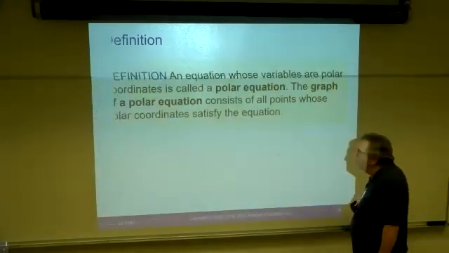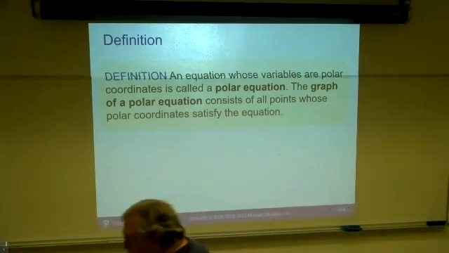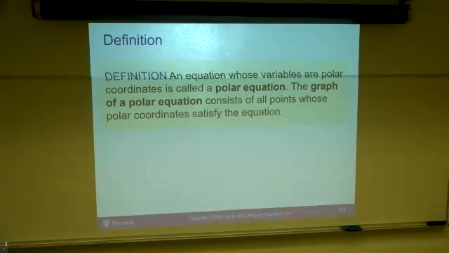Now, this seems obvious, but if it's obvious, we either need to have a definition that states it or a theorem that proves it. The definition we take to be true because this is what we say it is, and it works out for us.